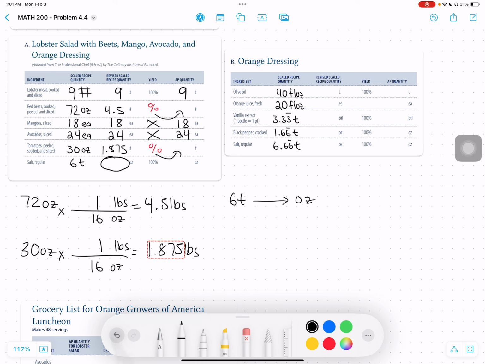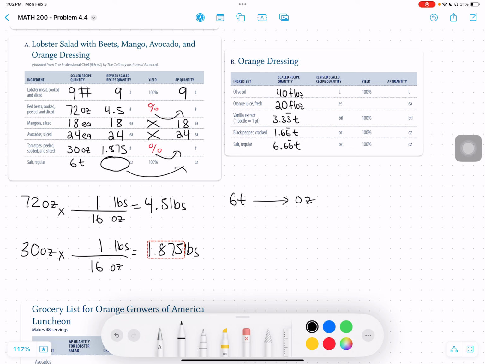Even if it's written by the measurement here, the yield is 100% because with salt, you're not going to extract the salt from the sea or seawater or refine the salt. You're just going to purchase a container that has a given amount of ounces. That's why my yield is written as 100%. So whatever number you write on the revised scale recipe quantity goes exactly into your AP quantity.